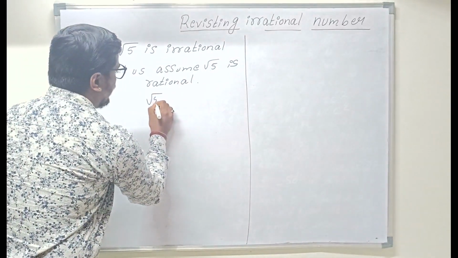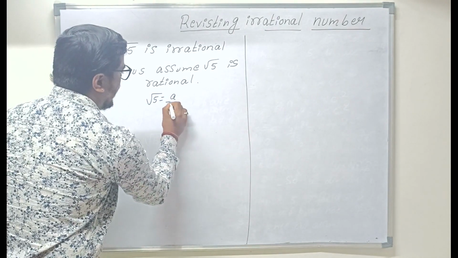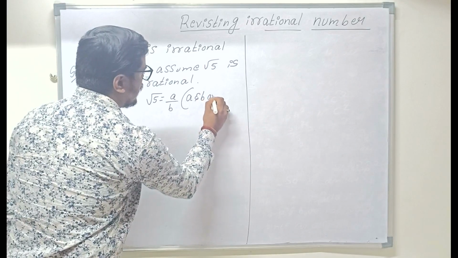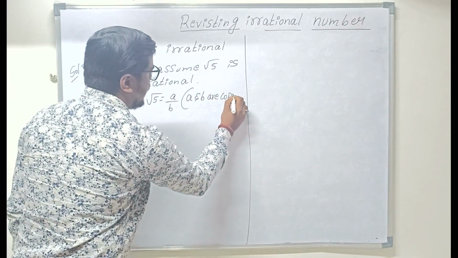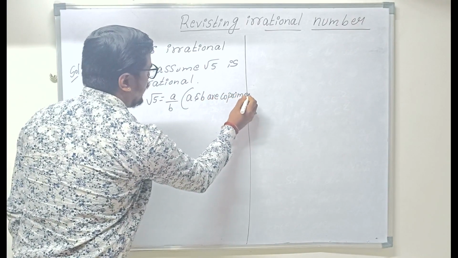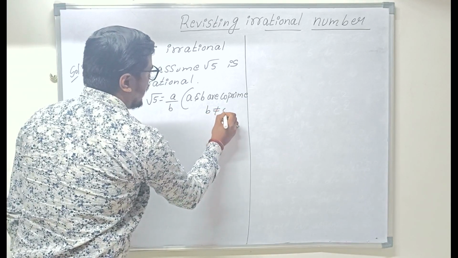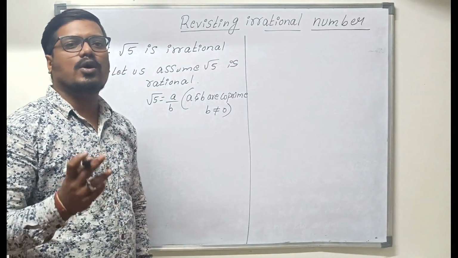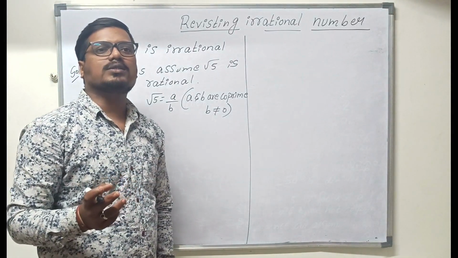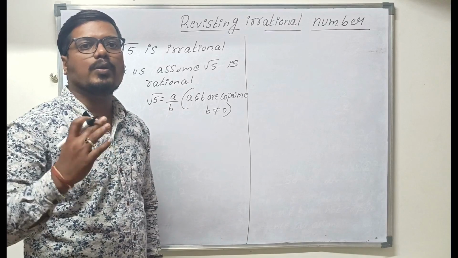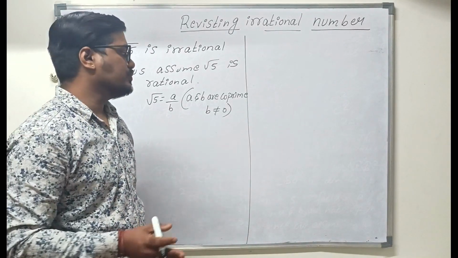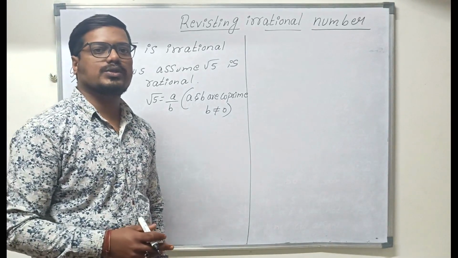Next, root 5 equals a by b, where a and b are co-prime, and b is not equal to 0. Now you will have a doubt: what is the meaning of co-prime? Co-prime means the common factor is only 1. It cannot be more than that.